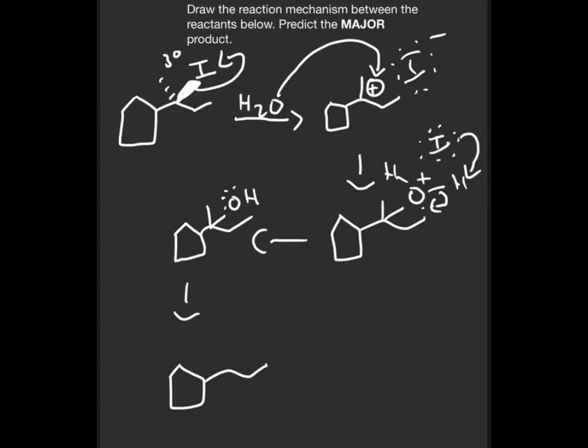We'll have this, so we'll make that a wedge, and then we'll have the OH on a dash for this one. And then on the other enantiomer, we'll have this on the wedge, and then the OH will be on a dash. So that will be your SN1 reaction mechanism.